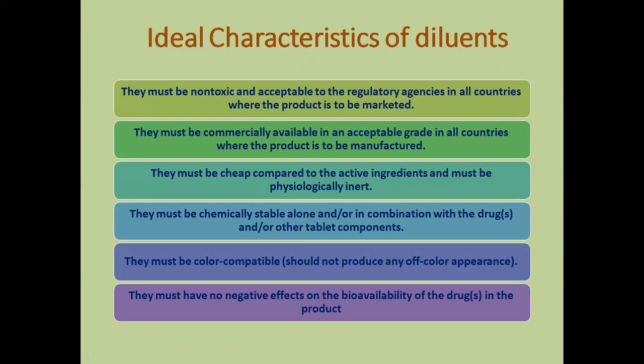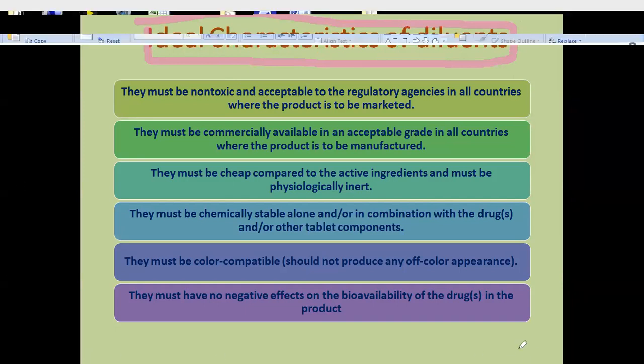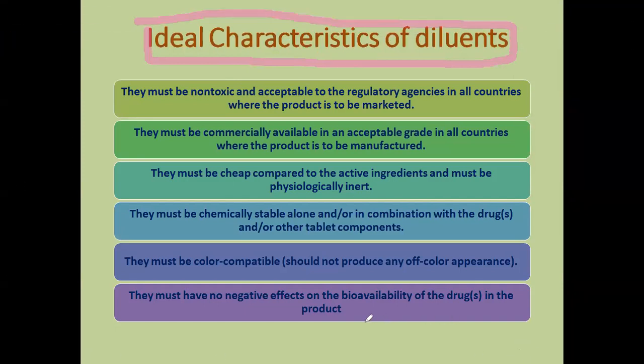Now coming to the next point on diluents, the ideal characteristics of diluents. When we say it should be physiologically inert and chemically stable, it means it should be non-toxic.